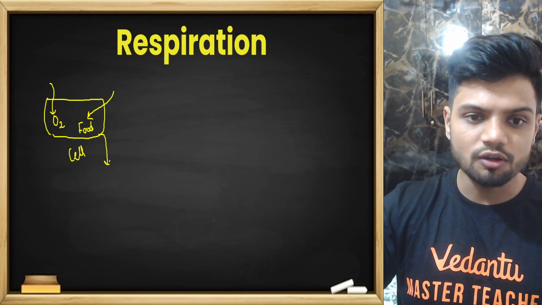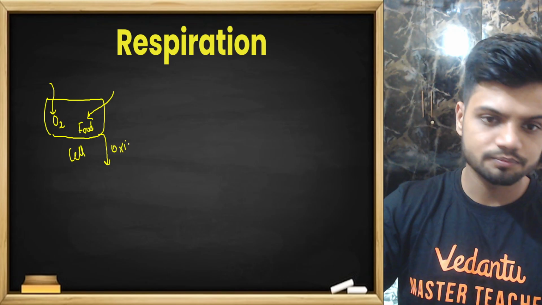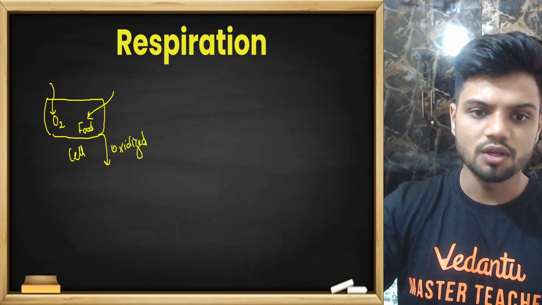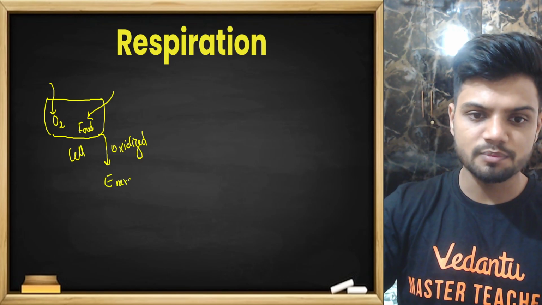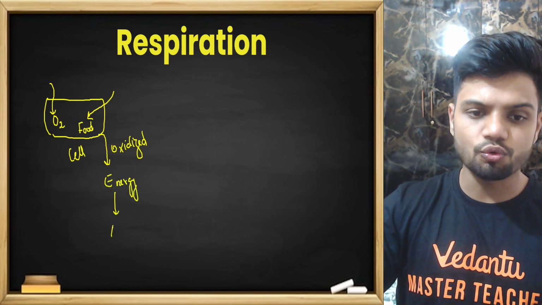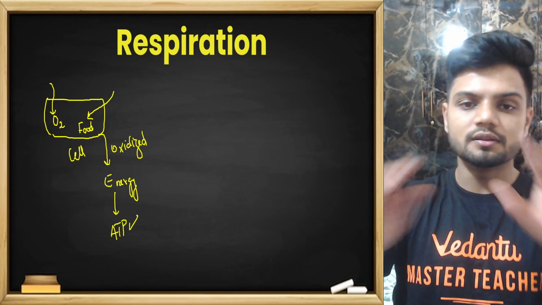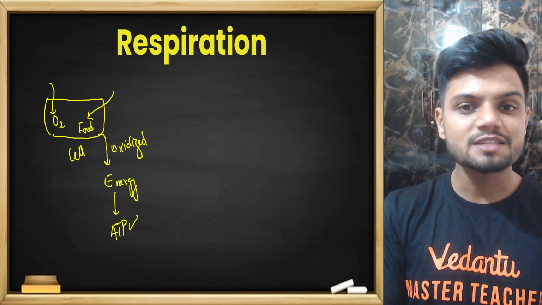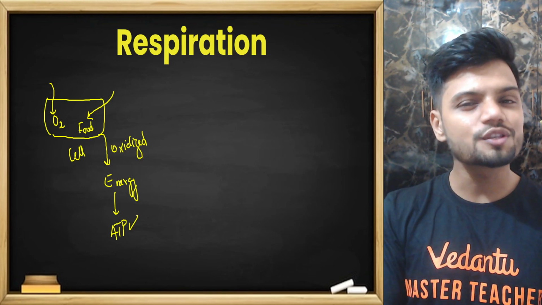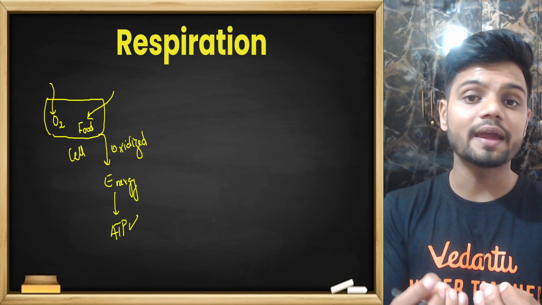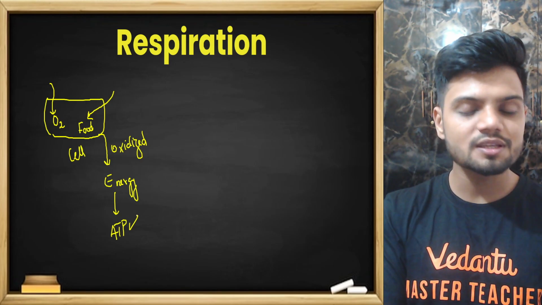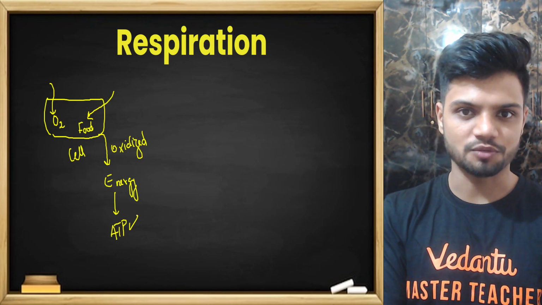The food is getting oxidized here, or oxidation of food is happening. That is producing energy, and energy is stored in the form of ATP. This is the story of respiration. That is, oxidation of food to produce energy, and the energy is stored in the form of ATP.